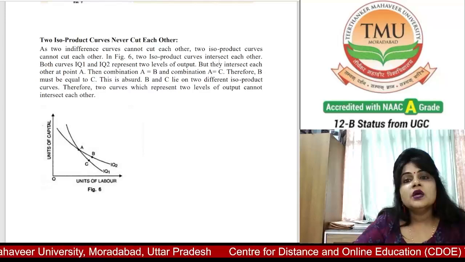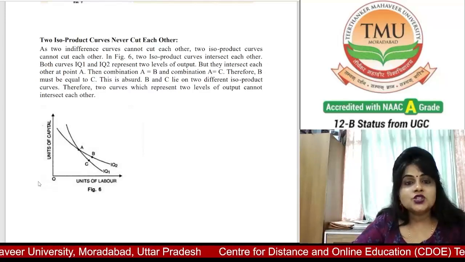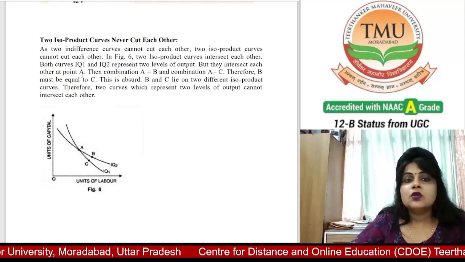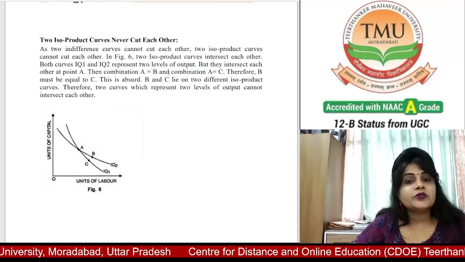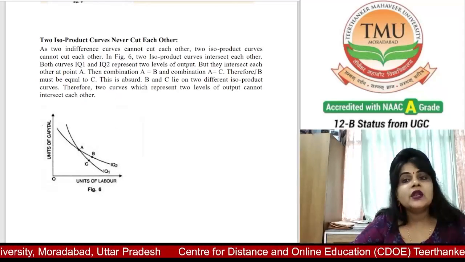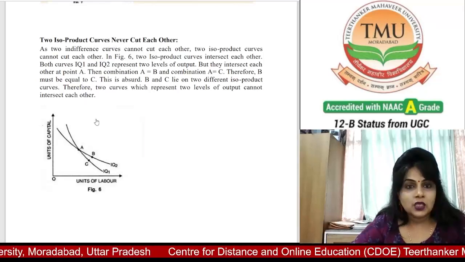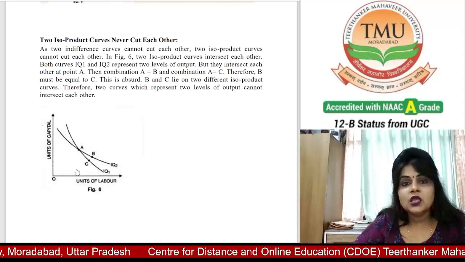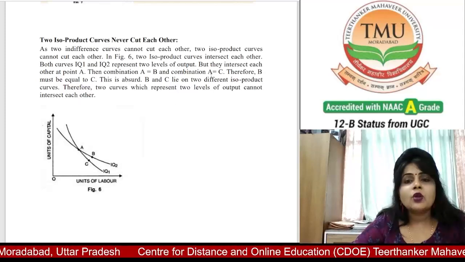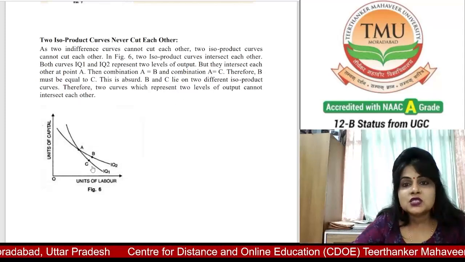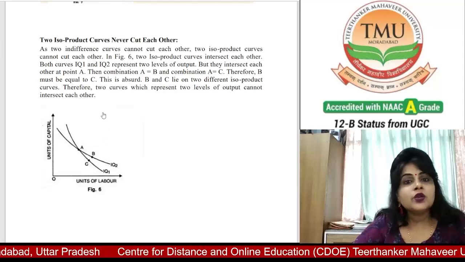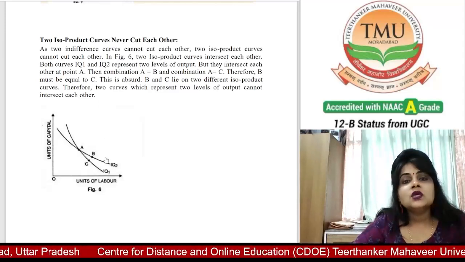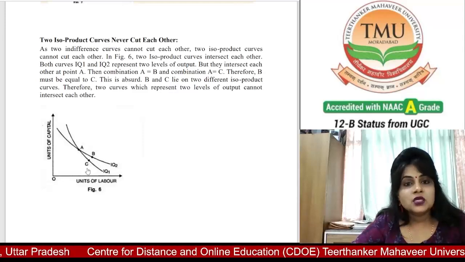Two isoquants intersect each other at point A. Both curves IQ1 and IQ2 represent two levels of output, but they intersect each other at point A. Then combination A equals combination B, and combination A equals combination C. Therefore, B must be equal to C, because A equals B and A equals C.